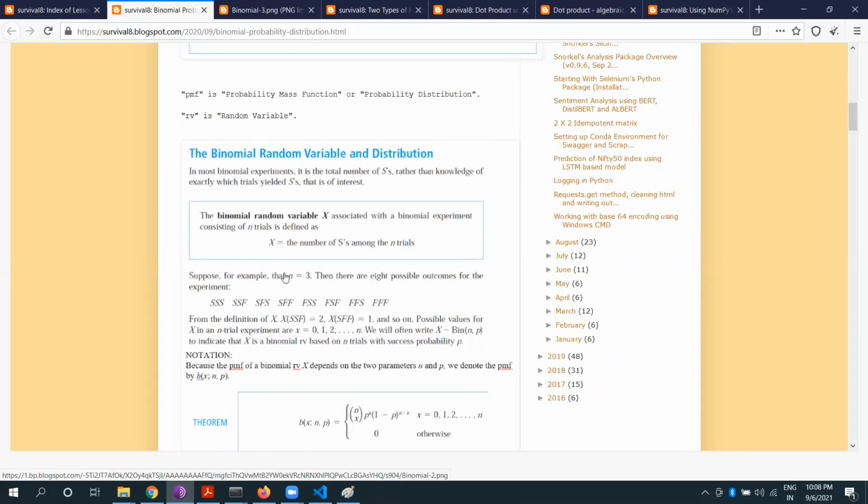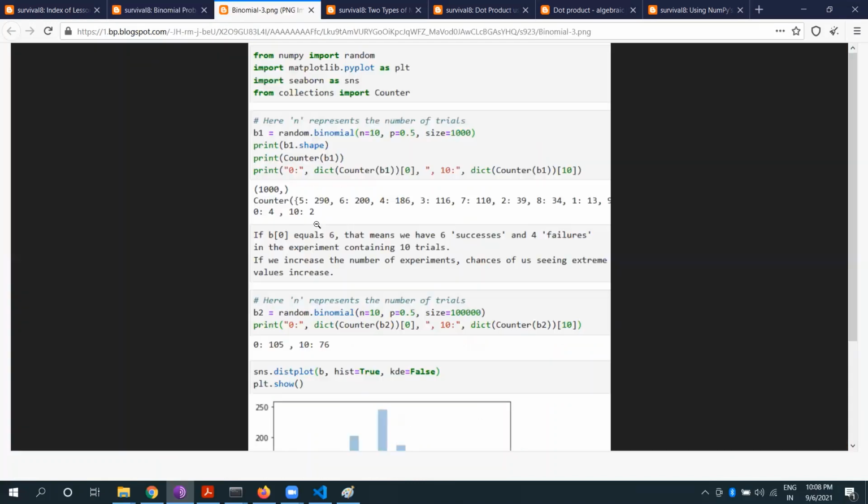Got it? Random dot binomial, like over here you're seeing random.binomial. N is number of trials, P is probability of success, and size is, what is size? I would have to check. Shape.